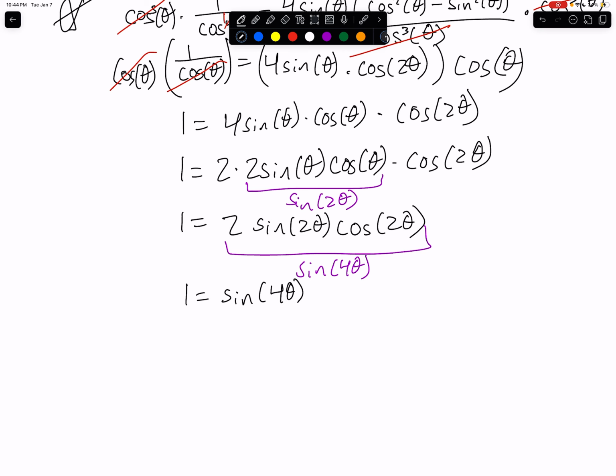So, sine, where does sine equal 1? Let's think about sine of theta here. Sine of theta equals 1. This is at pi over 2.